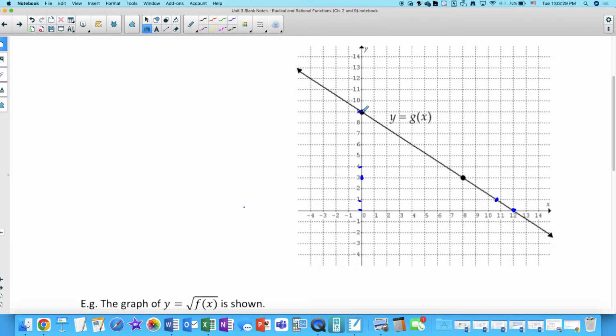When y equals 4, that's right here, that's going to move down to 2. Okay, and then we've got this point, this point, this point. We already did when y equals 9, and that moved to here. So these are a couple of points that'll help us to get a rough sketch of that radical function.